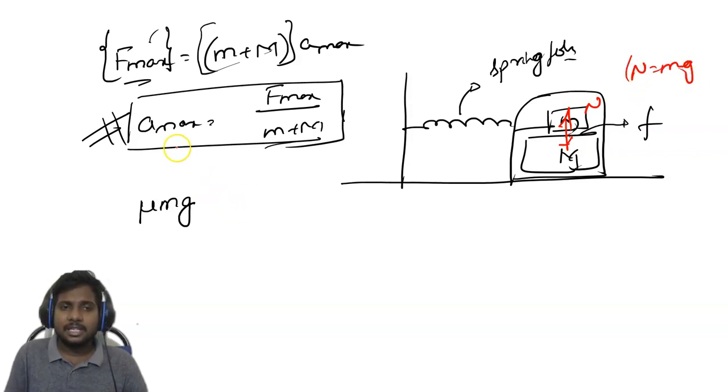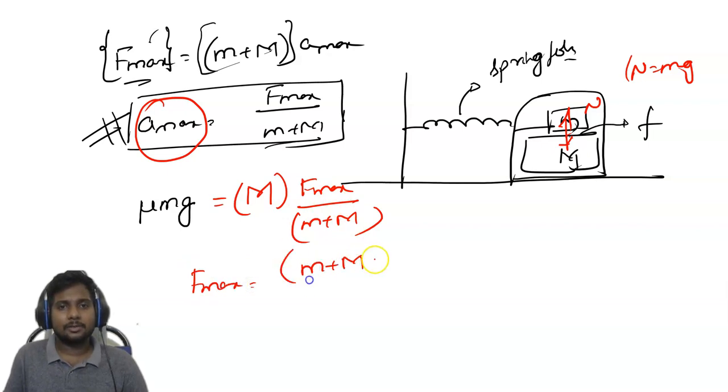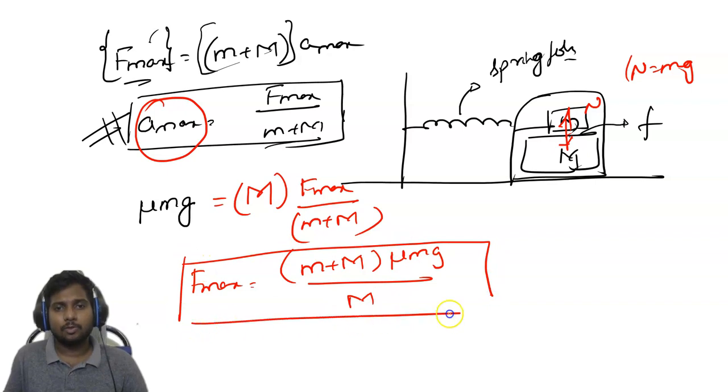That mu m g is providing the maximum acceleration possible, that is equal to capital M into maximum acceleration, which is maximum force by m plus M. So the maximum force possible here will be m plus M into mu m g divided by capital M. So I got the maximum possible force so that the blocks can go together.